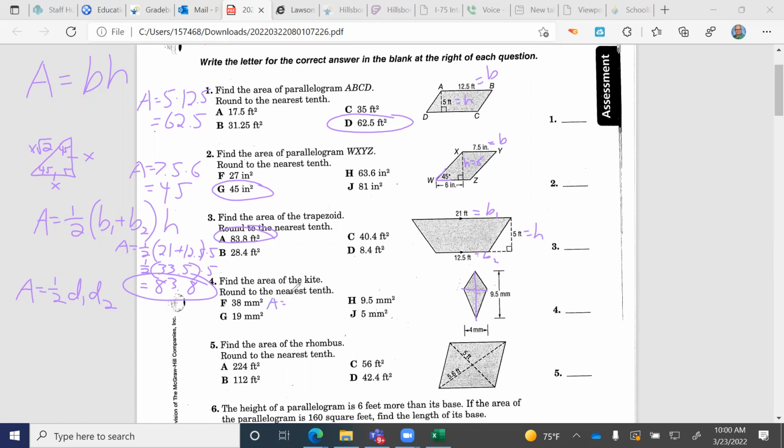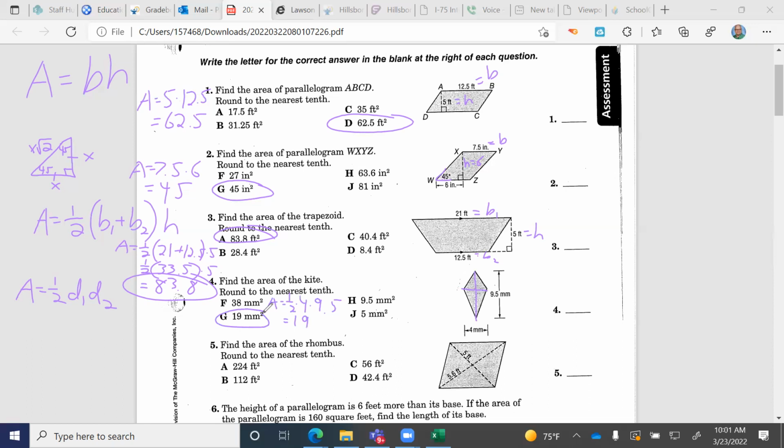Area equals 1/2. It doesn't matter which one we call D1, which one we call D2. So 1/2 of 4 is 2. 2 times 9.5 is going to be 19.